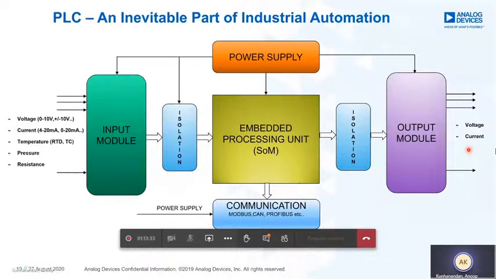Basically, the PLC accepts process variables, does some manipulation on them and generates output to control the system in equilibrium. Locally, there is a power supply to generate all power rails required for the components within the PLC system. The input and output may call for isolation based on the system requirement.